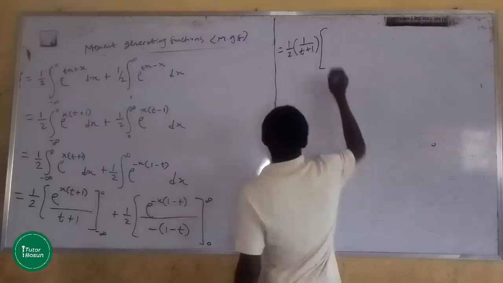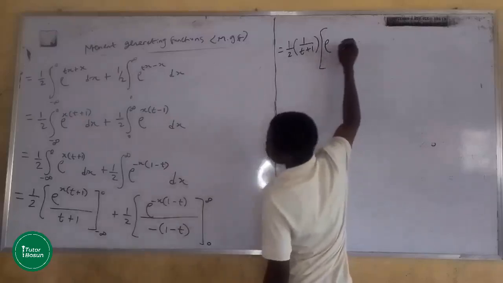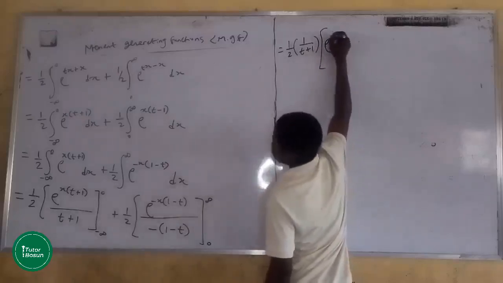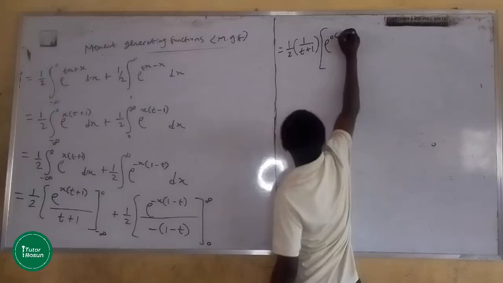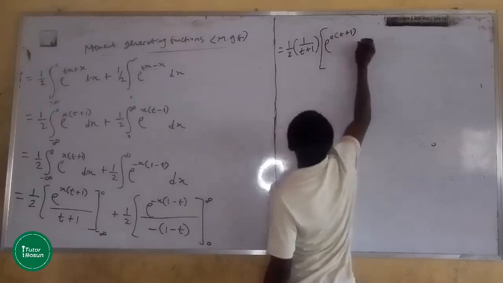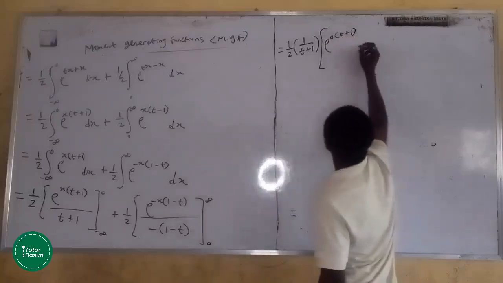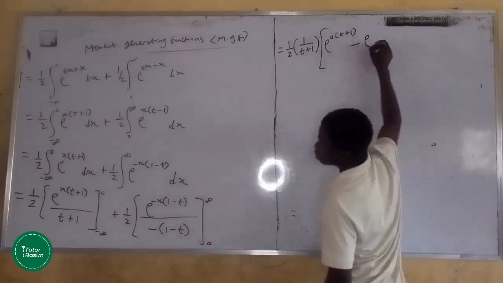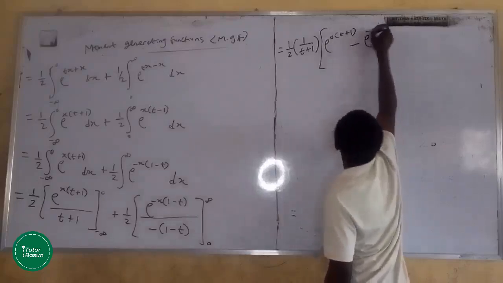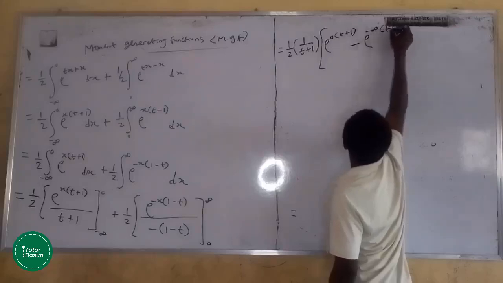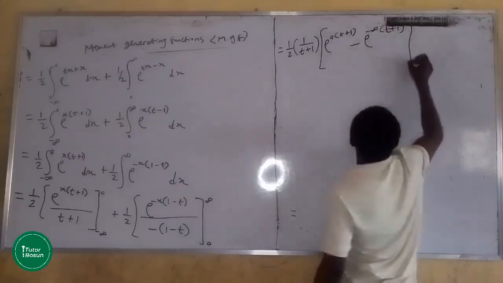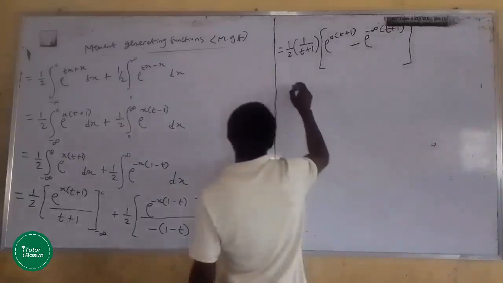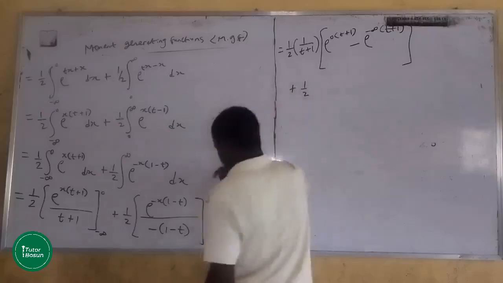So we have exponential 0 into t plus 1 minus exponential minus infinity into t plus 1, plus 1 over 2.